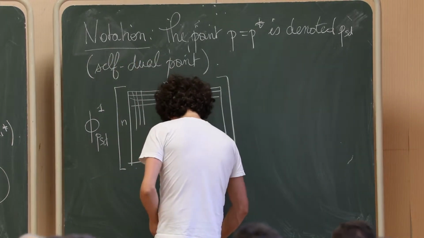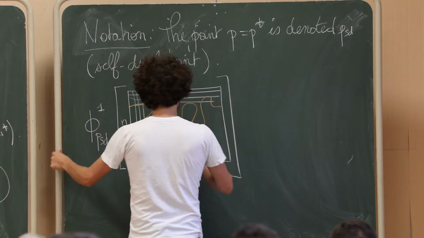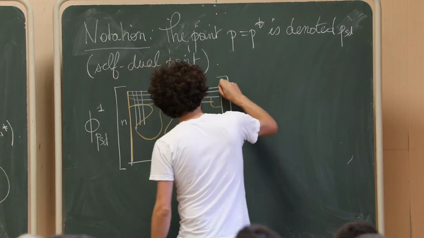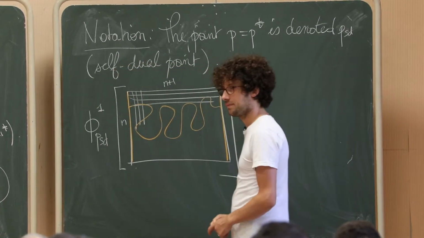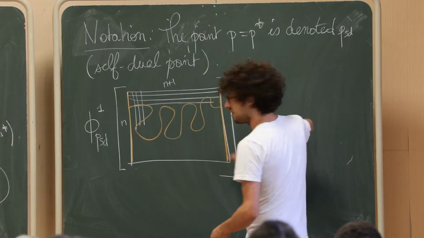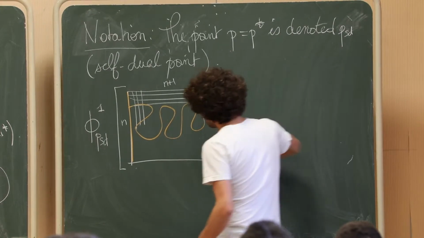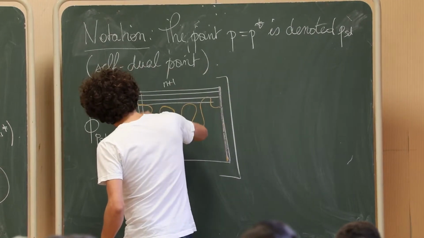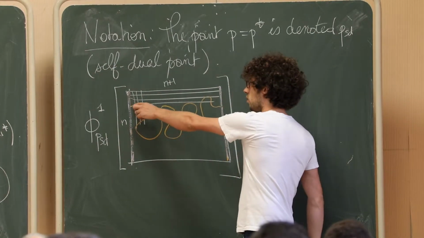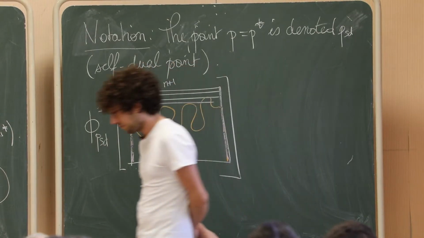So the event is that there exists a path of open edges from left to right. Okay, maybe this is a terrible notation. That doesn't mean it's open. It was just to try to, maybe like that. So what can I say on the probability that there exists a path of open edges from left to right in the configuration?